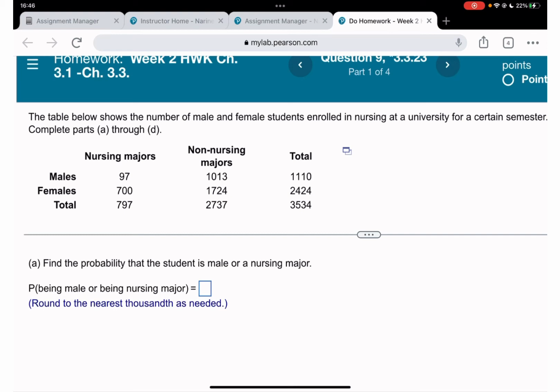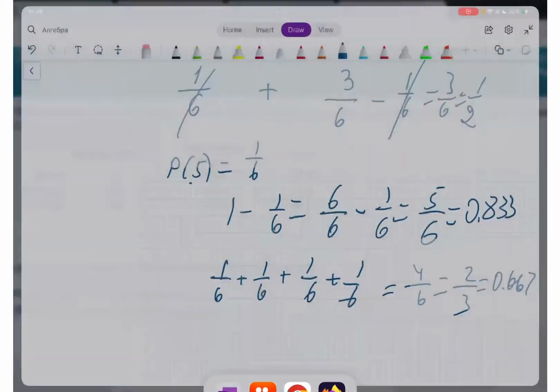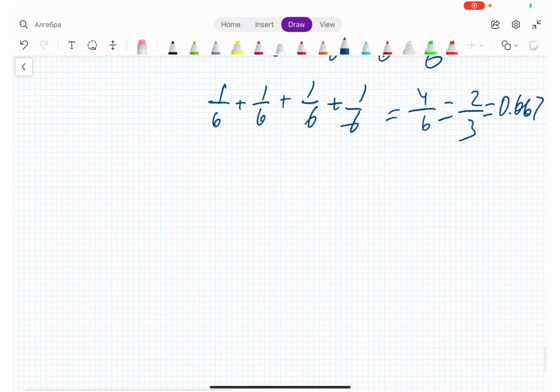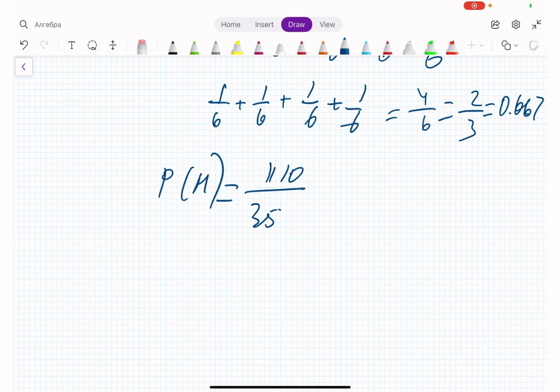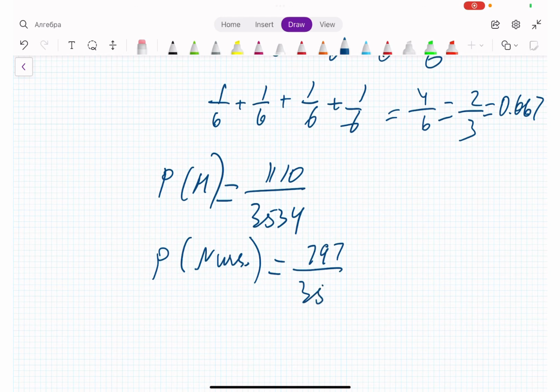Let me now write down what I just said. So, probability of male is 1110 over 3534. Probability of nursing major, 797 over 3534. Now remember one thing, one is going horizontally, the other one goes vertically, so that means there is an intersection, and that intersection, that is 97, is going to be the duplicate.